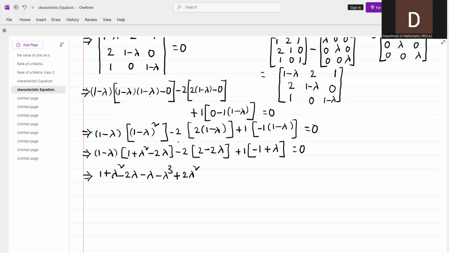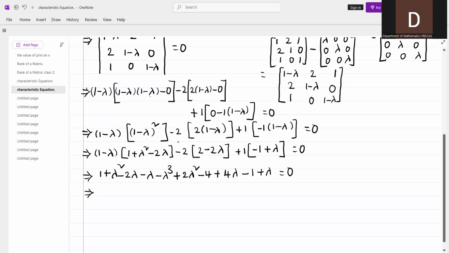So over. Okay, and the next ఈ minus 2 తో ఈ bracket లో ఉండే each and everything multiply చేయండి. Minus 2 into 2 minus 4, minus into plus minus, minus into minus plus 4 lambda, plus into minus minus 1 plus lambda is equal to 0.